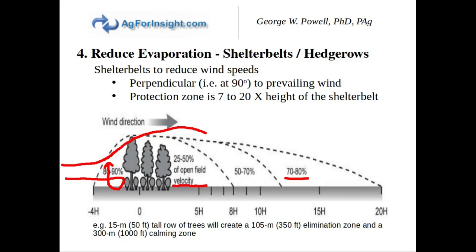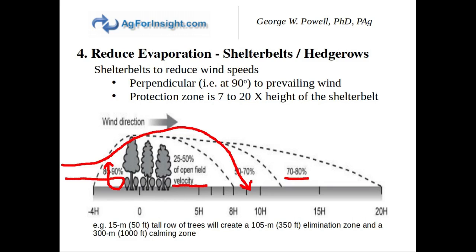So you do create a very short area of strong calming, but then the wind returns with force, because not only have you not slowed this wind flow down at all, it's avoided your shelter belt by going up and over, it actually gains a little bit of energy because it went higher up into the air.